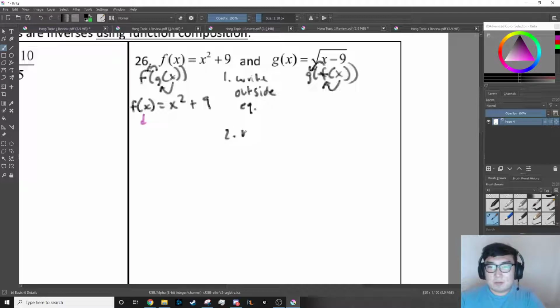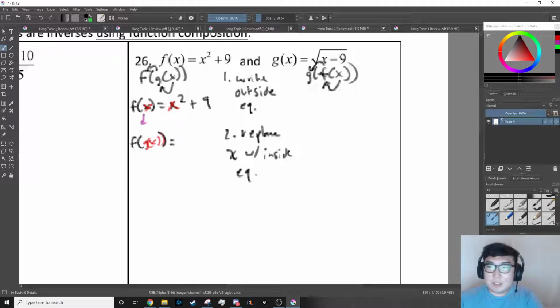step 2, replace x with inside equation. If I make this f of g of x, that means that I have to replace this x as well.